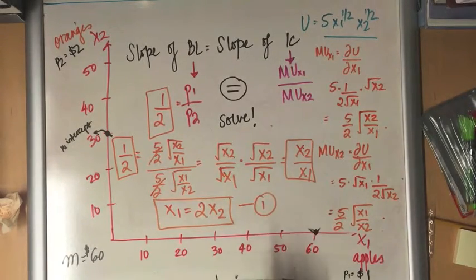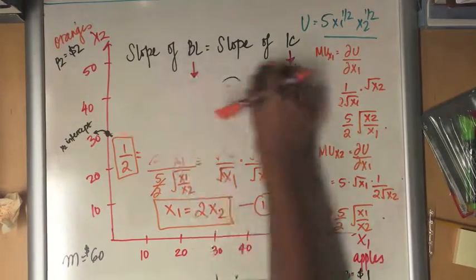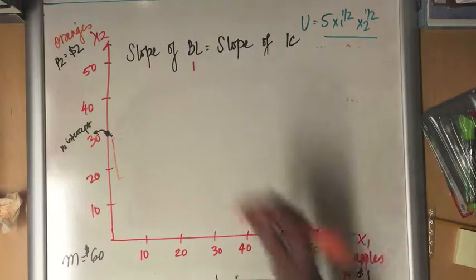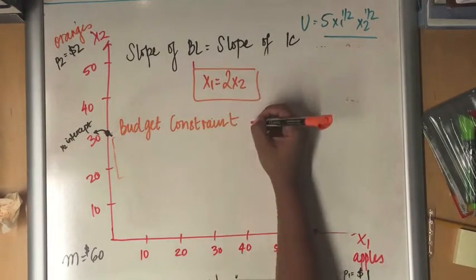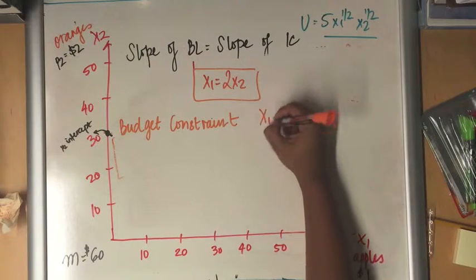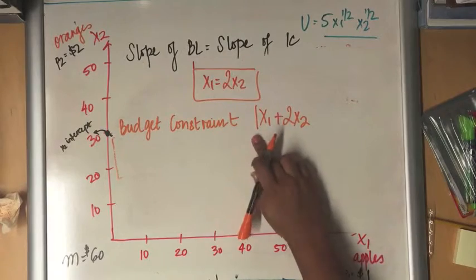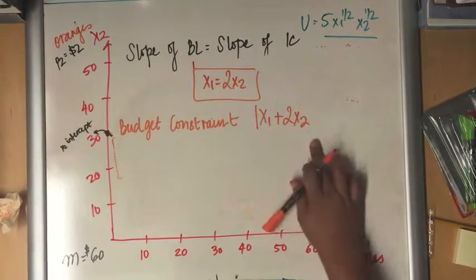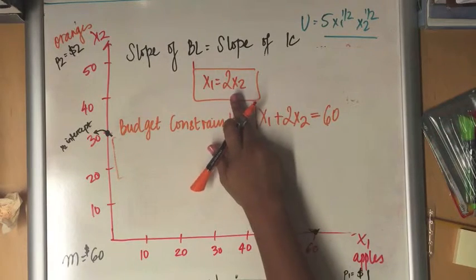How do we solve this now? By plugging this into our budget constraint. Our budget constraint tells us 1x1 plus 2x2, which is $1 for apples, $2 for oranges, equals 60. But I know that x1 is 2x2.